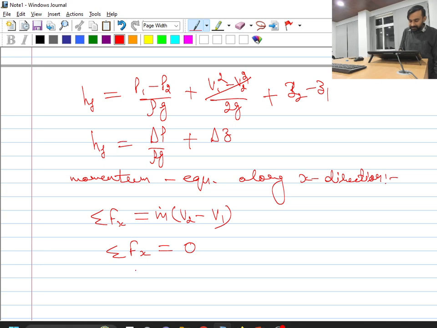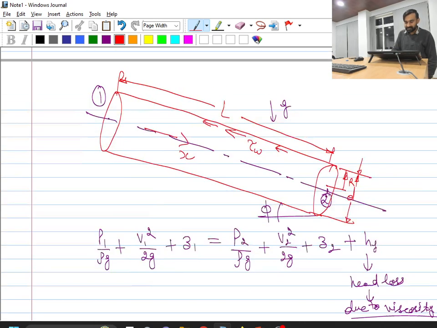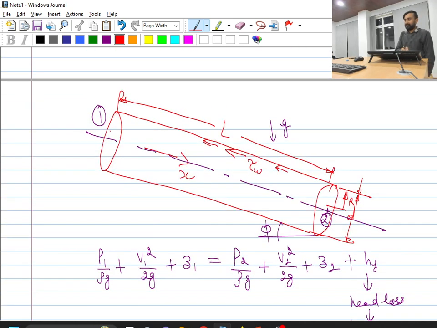I will be considering the sum of the forces, pressure force plus viscous force plus body force, equal to 0. If you consider this flow from left to right, then of course the pressure acting on the left side will be more, P1 will be more than P2.